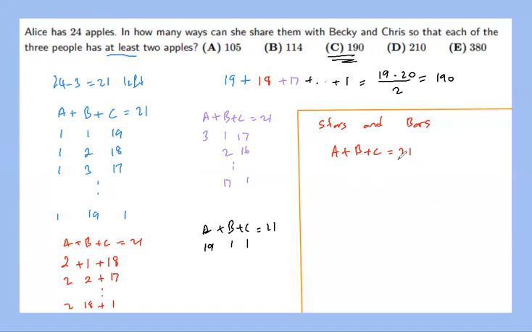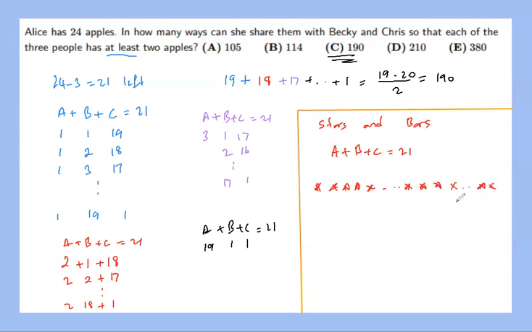So we have 21 apples. Think about the apples as stars, and then you have three people, which means you're going to split 21 stars among three people. So you can list some stars.